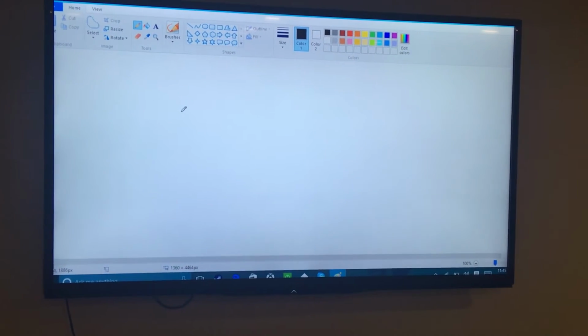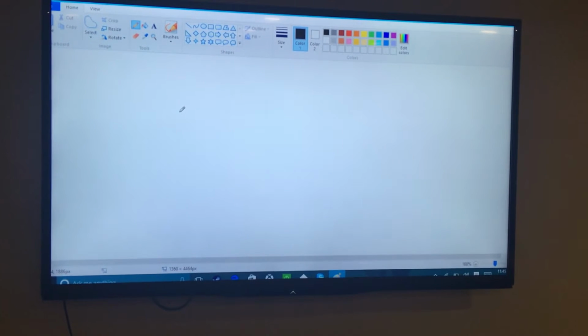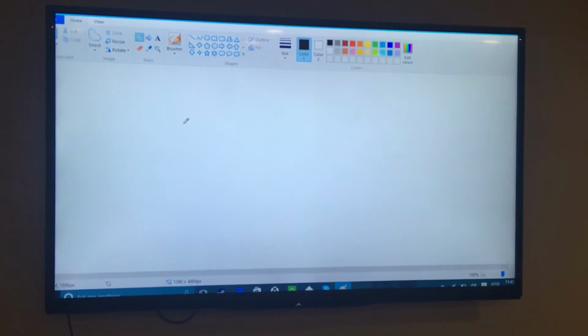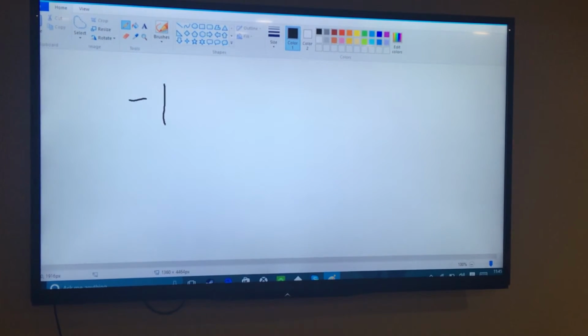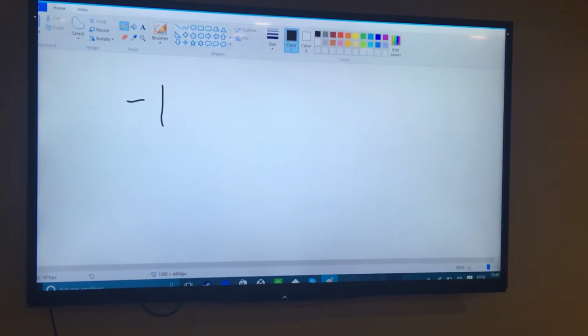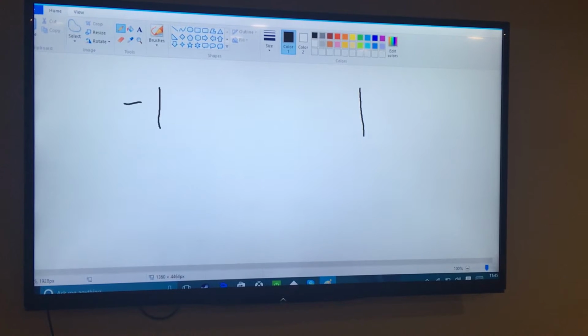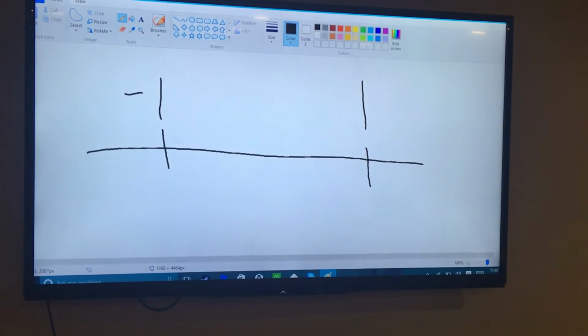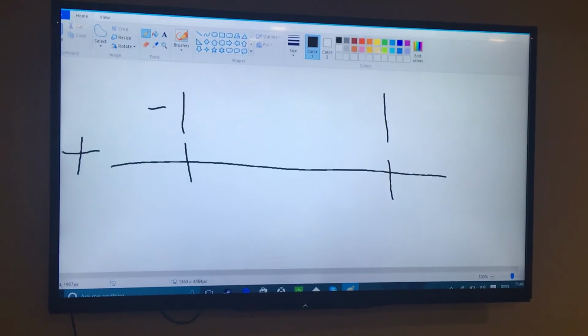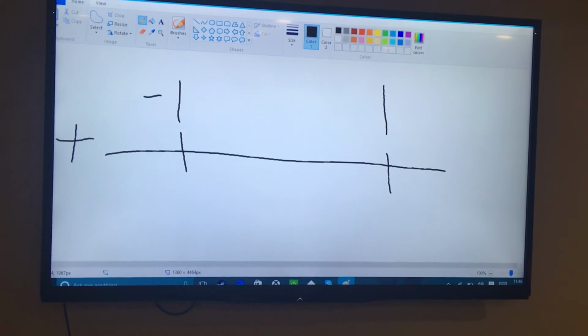So now we're going to use a sign chart to show that it's a change from positive to negative at these critical points. So you're going to have a number line with -1 and 1, and we know that when it's less than -1, it's going to be positive.